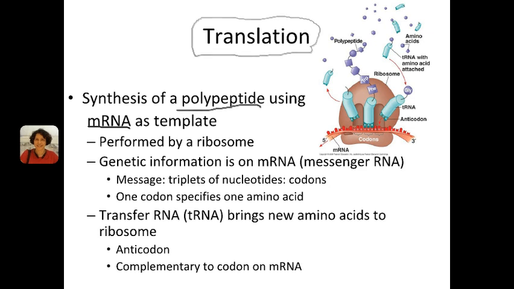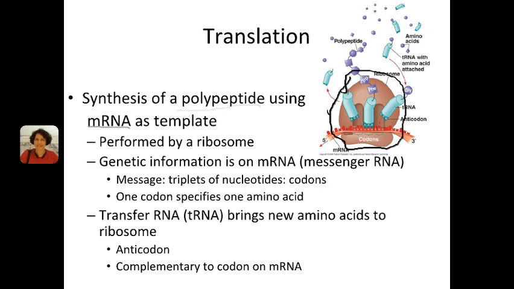The organelle that is going to do this, it has the status of a whole organelle, is a complex that is called the ribosome. And I just circled the ribosome, the brown structure. It's actually composed of two parts. So this is the small subunit, and this is the large subunit of the ribosome.